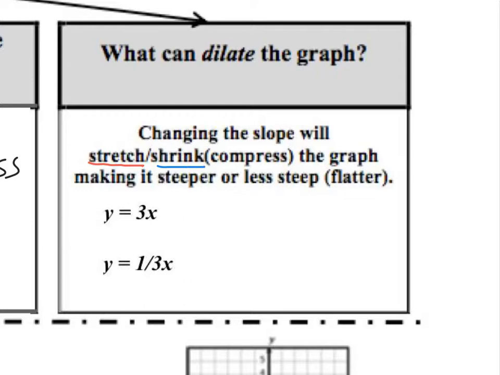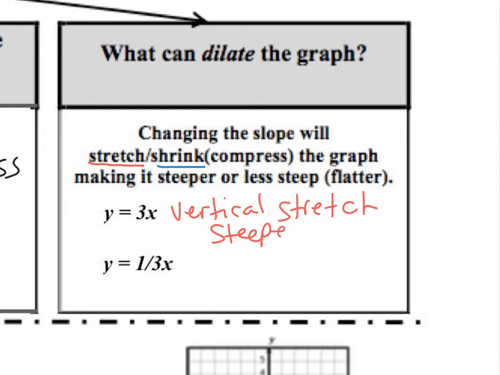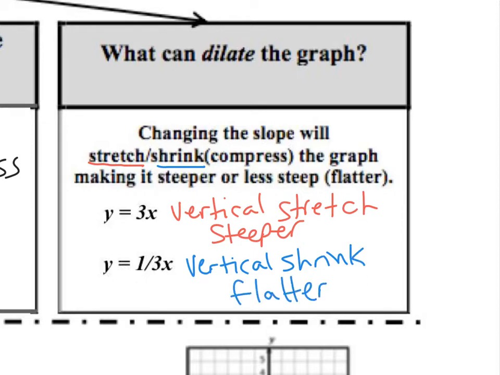We have the exact same thing happening in linear. When our slope is a number greater than 1, we have a vertical stretch. In linear terms, that means the line is steeper. And if we have a slope that is less than 1, we have a vertical shrink. In linear terms, that means the line is flatter.